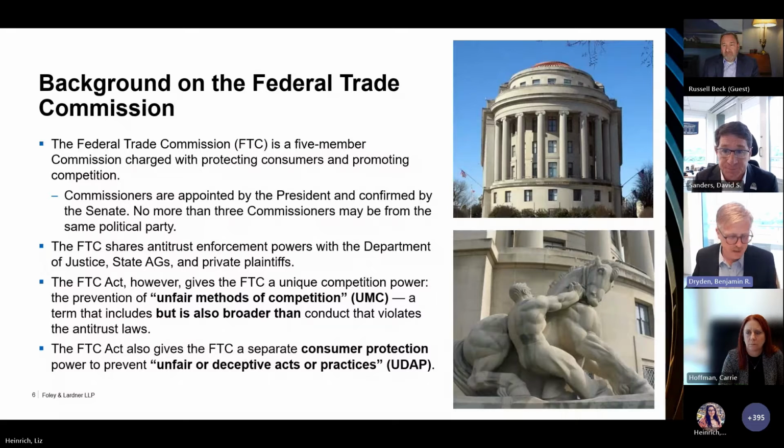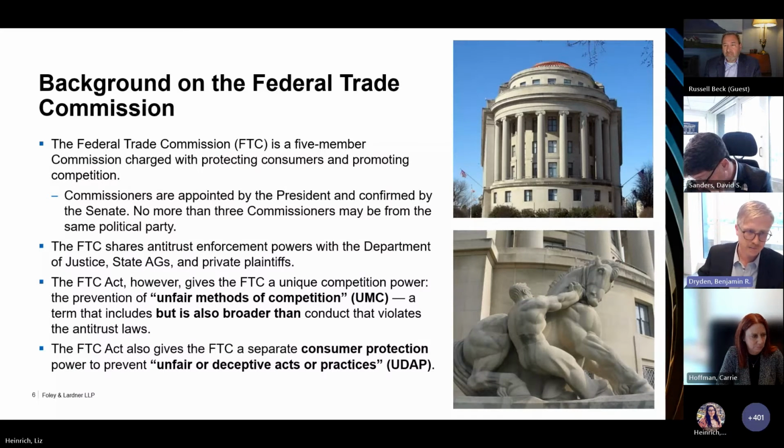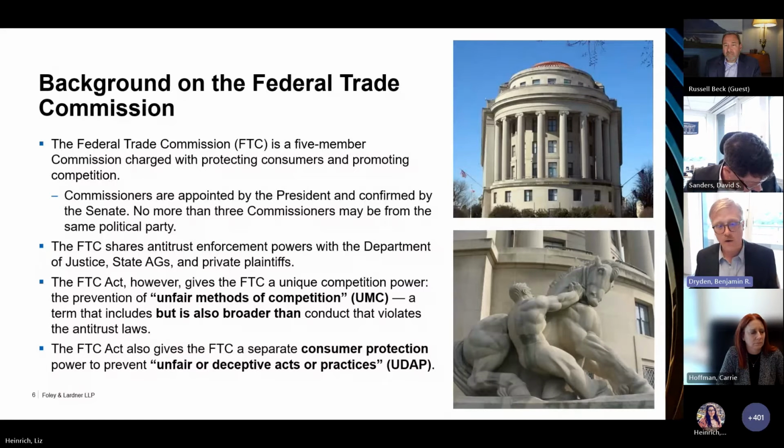So the FTC is responsible for, among other things, children's online privacy and horse racing safety, but really their core traditional responsibilities are twofold: preventing unfair methods of competition and preventing unfair or deceptive acts or practices. And I'm going to use both of those terms a lot, so I'll go ahead and define them with acronyms. Unfair methods of competition are UMCs. Unfair or deceptive acts or practices, I'm going to call UDAPs.